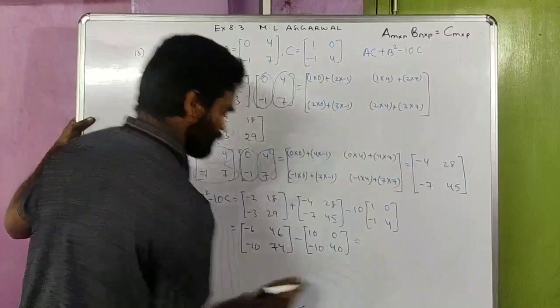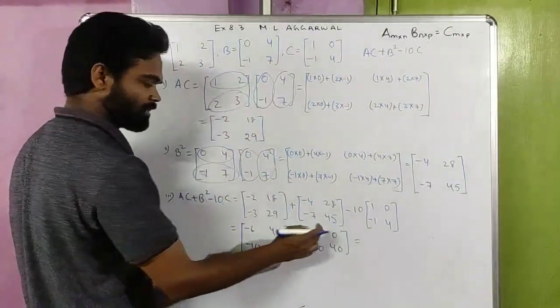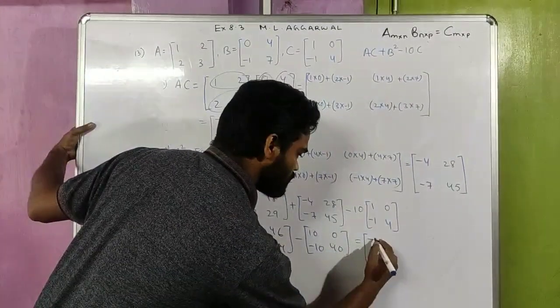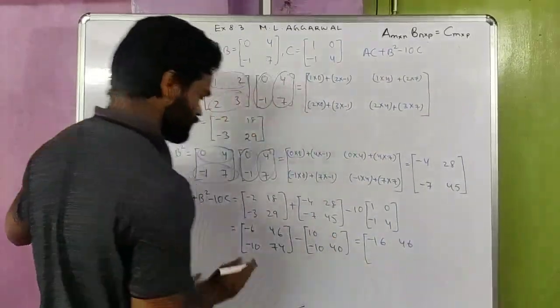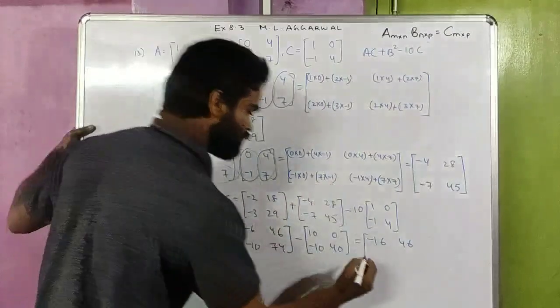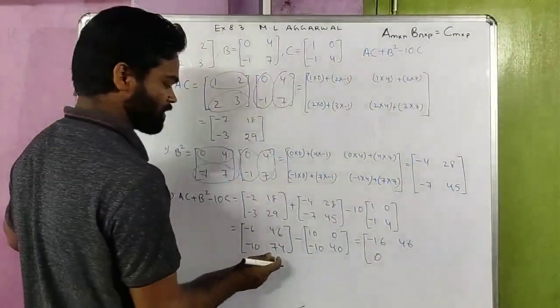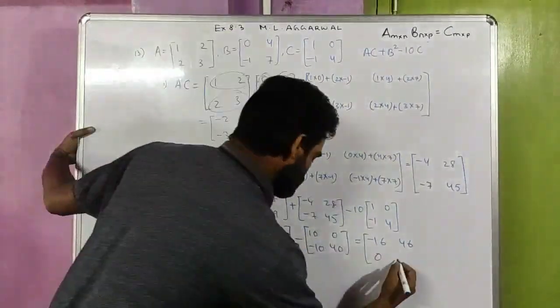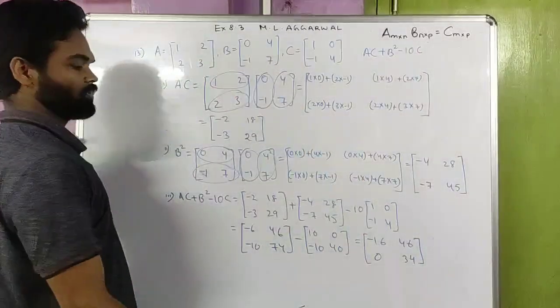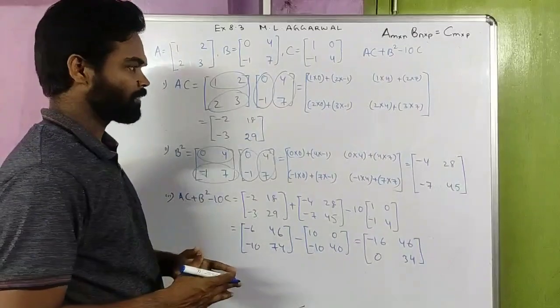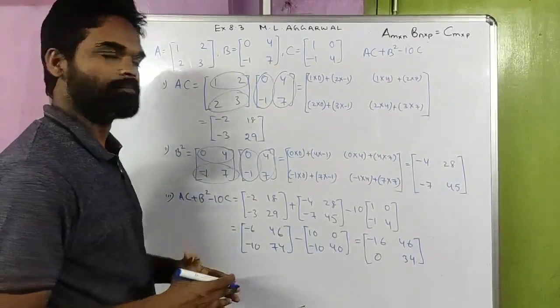Done. This minus this: minus 6 minus 10 is minus 16, 46 minus 0 is 46, minus 10 plus 10 over here, so that becomes 0, and 74 minus 40 gives you 30. Done. So this is my answer. Clear? Now we look at the next sum.